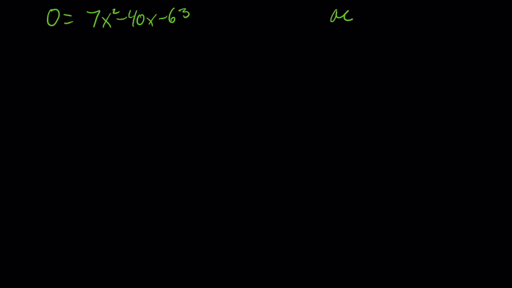And I said, what are the factors of AC, which is a negative 441, if you multiply 7 times negative 63, that add up to b, which is a negative 40? Well, you could have solved this using the quadratic formula, but I like to solve this by factoring. The answer is negative 49 times 9. And negative 49 plus 9 is negative 40.